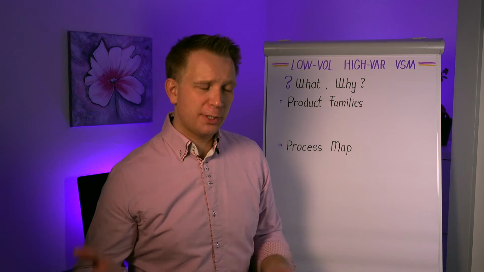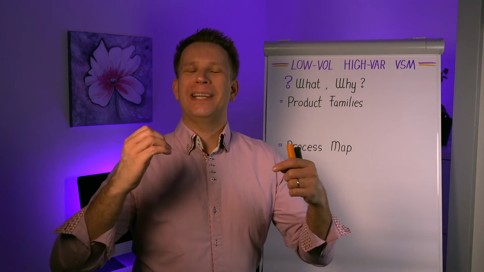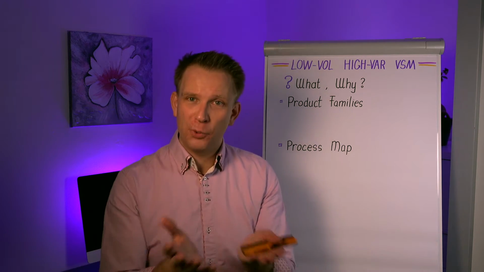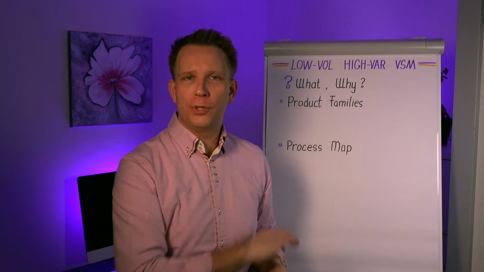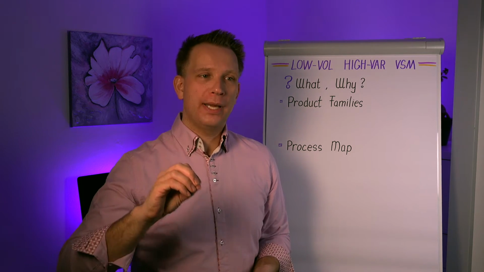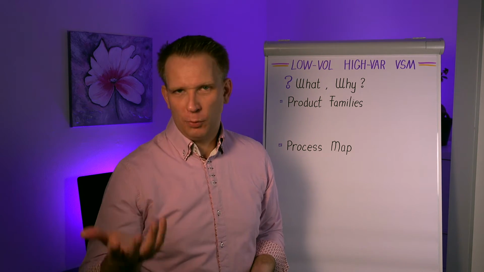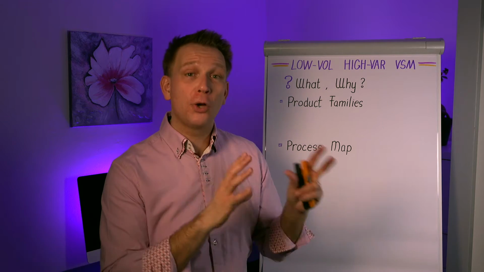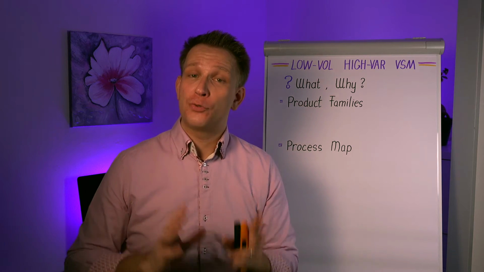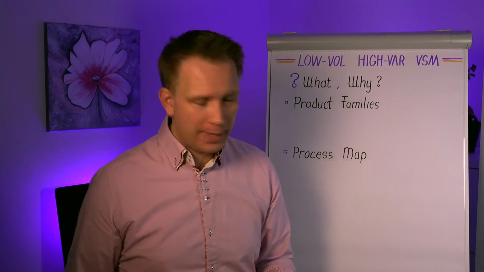They may not be the same products, but they are similar enough that you can take any one of them or just put them all together when you do your measurements. And this way, of course, you will also go for the more important families, more important products, but you follow them that way and make a pretty traditional value stream map.